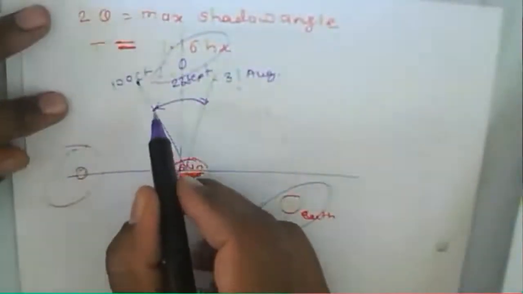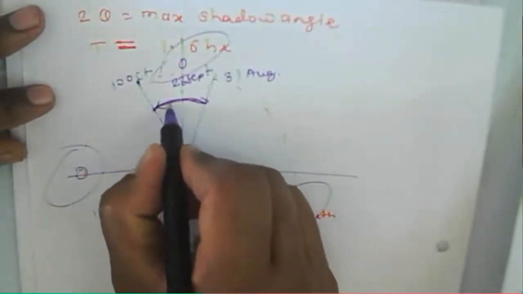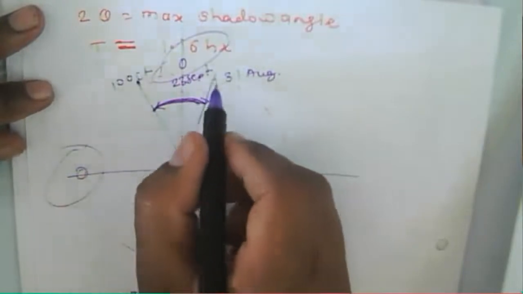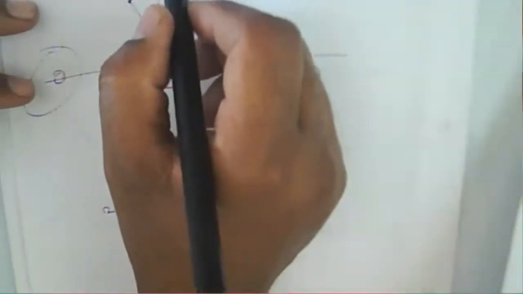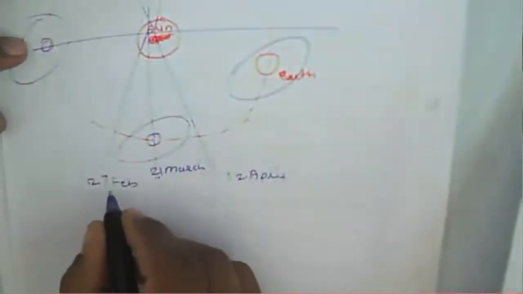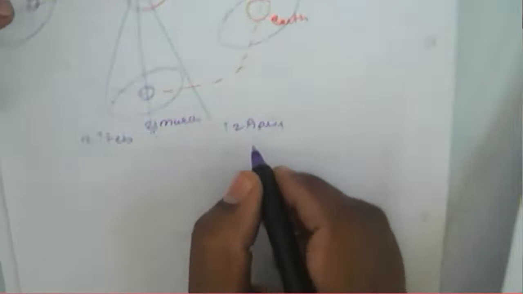So from that we can say the number of days of eclipse. This is the duration, from 10th October to 31st of October, or you can say 27th February to 12th of April.